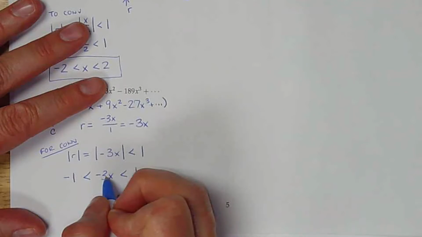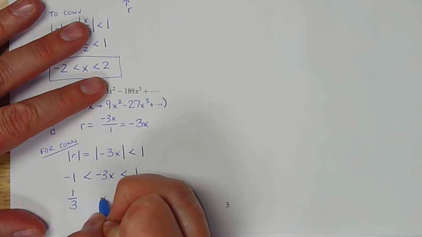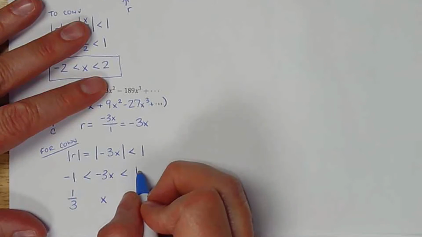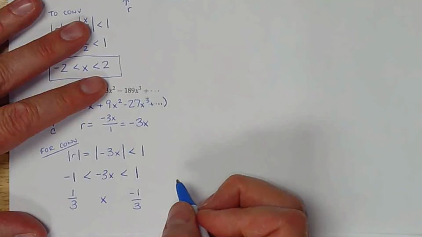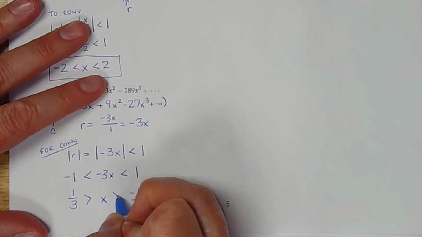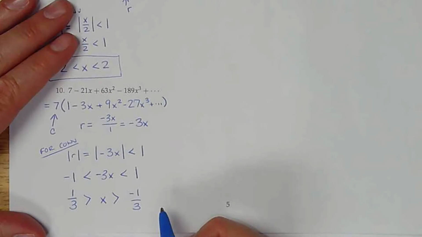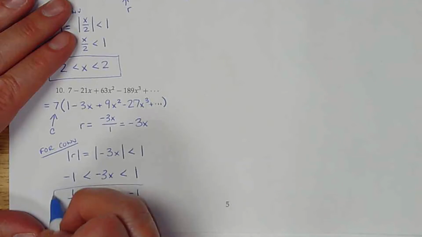So -1 over -3 is a 1/3. And that leaves me with an x in the middle. And then 1 divided by a -3 gives me a -1/3. And anytime you multiply or divide by a negative number, the inequalities flip sides. So this series will converge for x between -1/3 and +1/3.